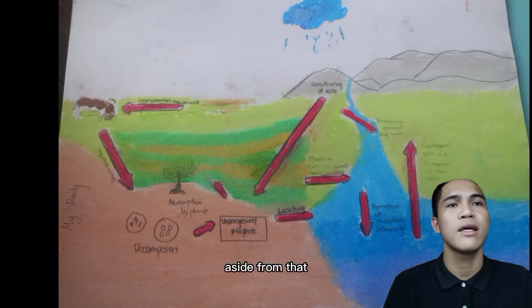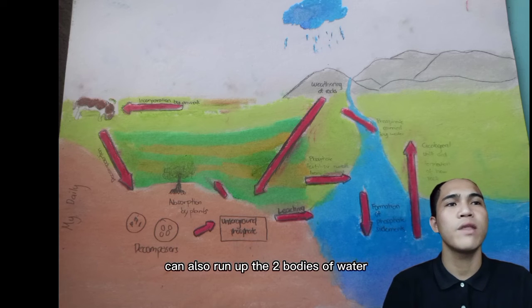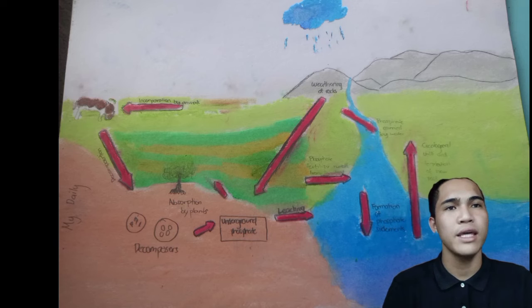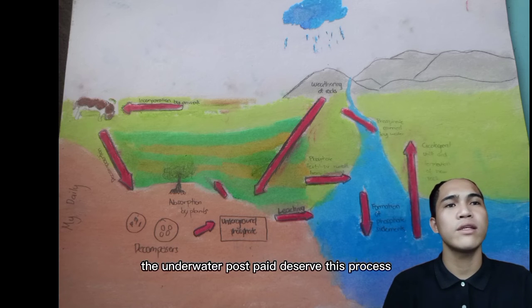Aside from that, phosphate containing fertilizers from farmlands can also run off to bodies of water. Additionally, the phosphate from the weathered rocks can be carried through the water and contribute to the formation of phosphate sediment underwater. Consequently, the underwater phosphate reserve.